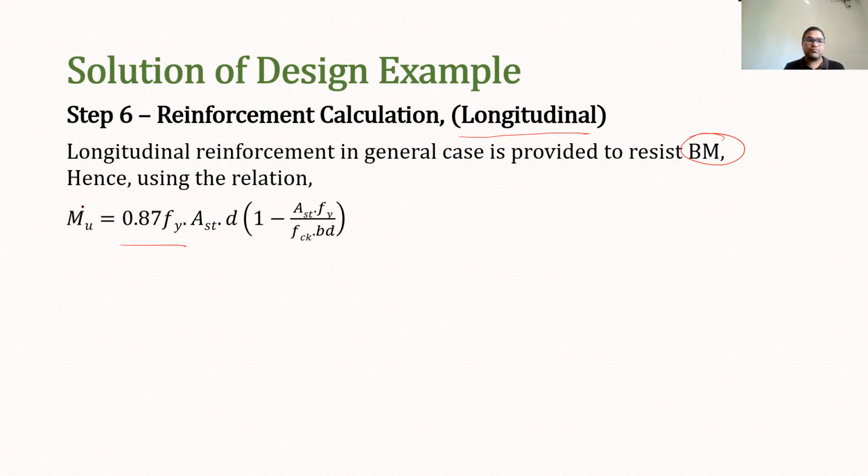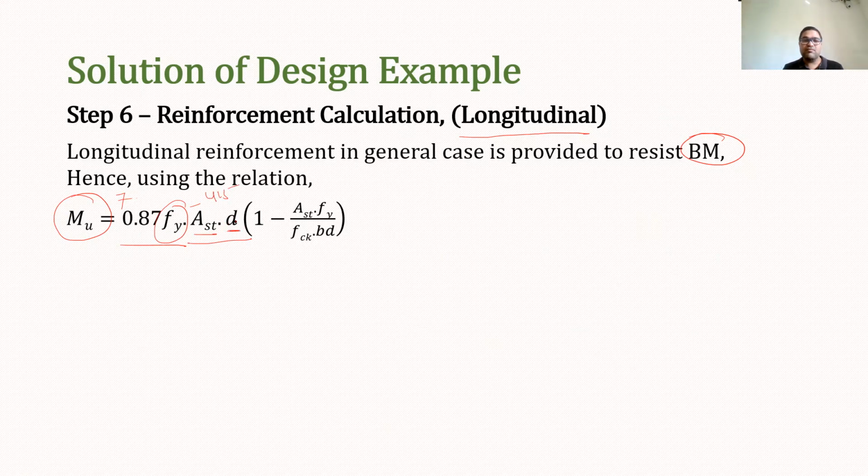So putting the value of Mu as 7.965, as we have calculated the bending moment in step 4, and then equating with the right hand side equation. In that we already know the value of Fy, which is dependent on the grade of steel as 415, and Ast, which we need to find out.